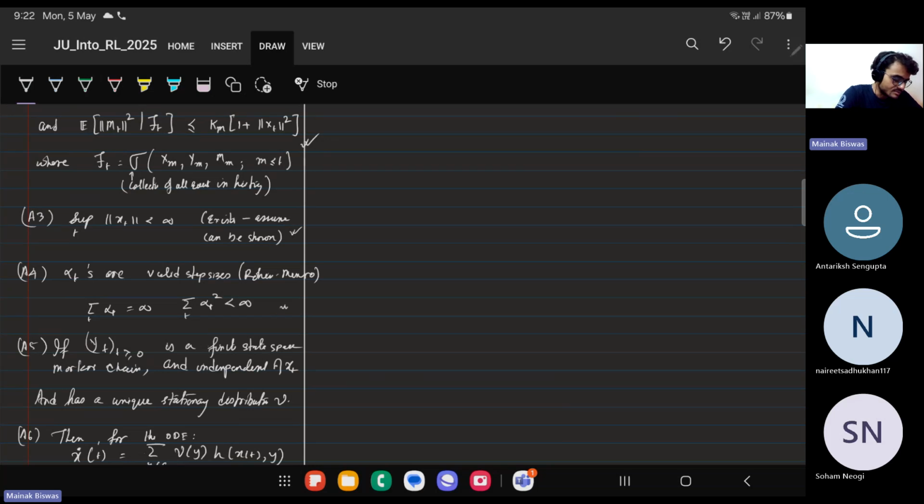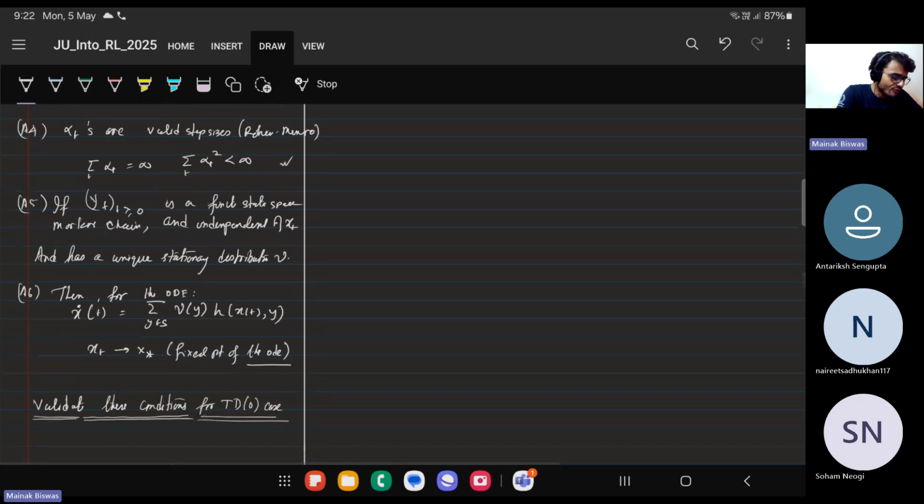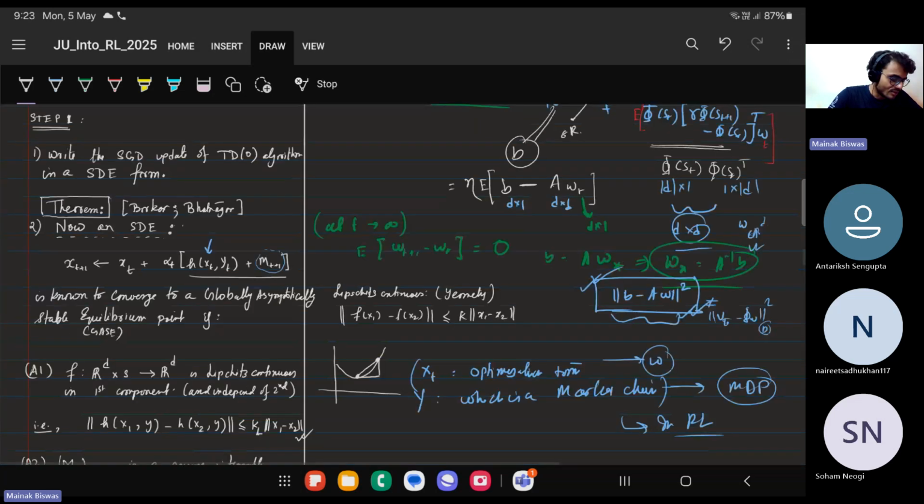If the step sizes are like the Robbins-Monro algorithm, and if y_t is part of a Markov chain, then the solution of the SDE converges to an ODE solution. So let us see each of these cases one by one and validate it. And then we'll be able to prove it.